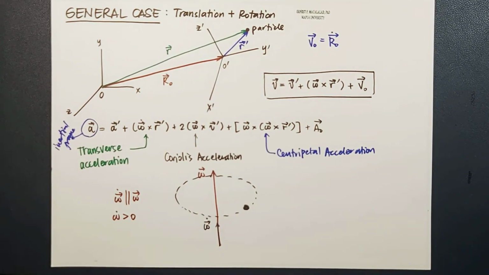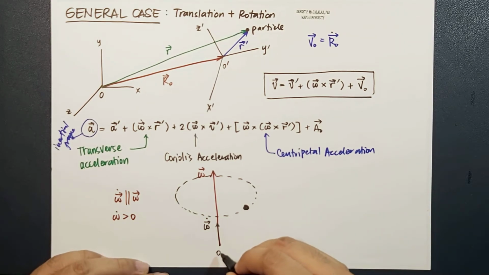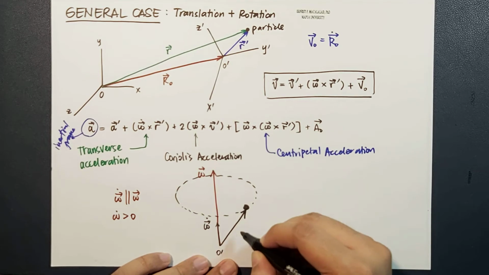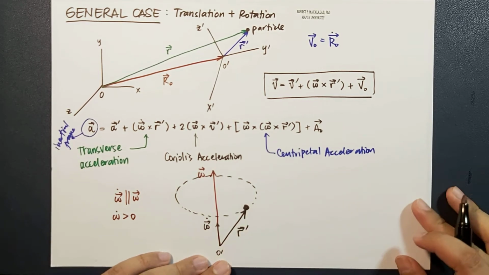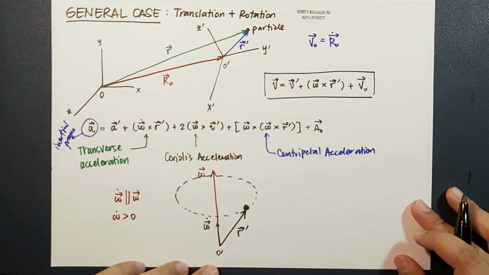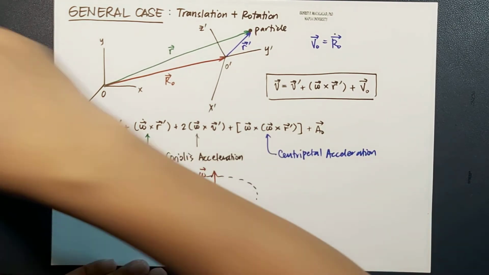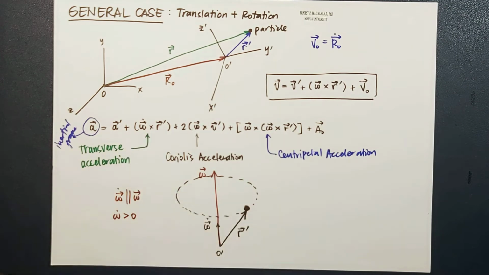This is your origin, and this is your r prime. Your transverse acceleration will be the cross product between omega dot and r prime.